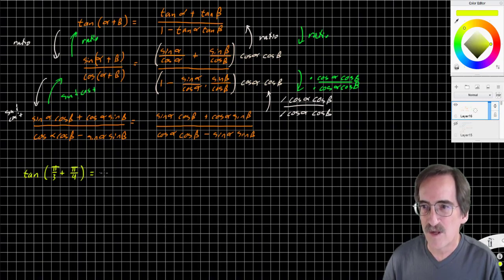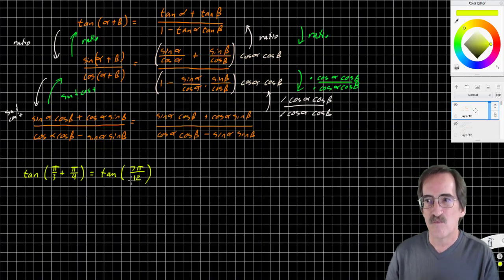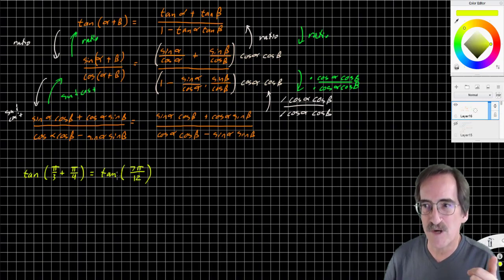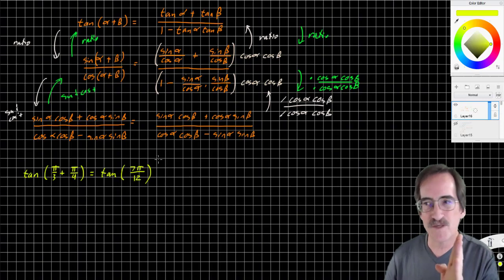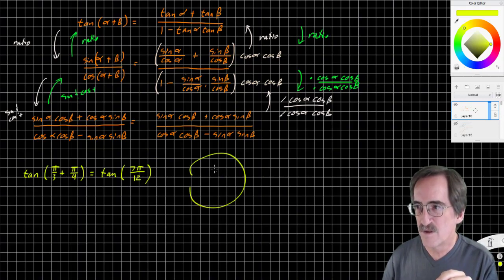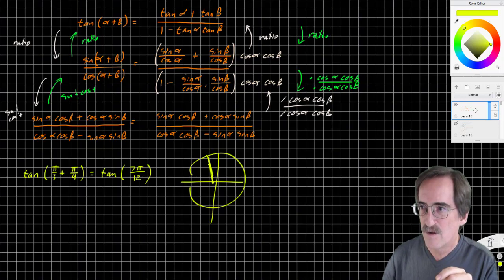Now, in case you're wondering what that is, pi over 3 plus pi over 4 is 4 plus 3, or 7 pi over 12. 6 pi over 12 would be pi over 2, so it's pi over 12 past. So it puts it in the second quadrant right here, right? Pi over 12 being this angle right here.